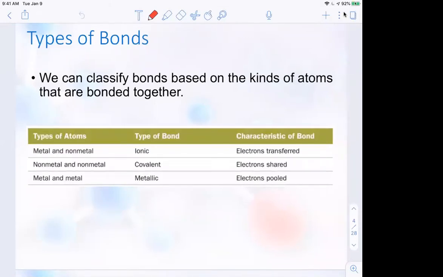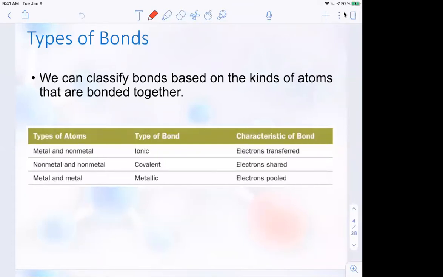The metal loses electrons to form a positively charged cation. The nonmetal gains electrons to form a negatively charged anion. And the bond is actually that electrostatic attraction between oppositely charged particles.